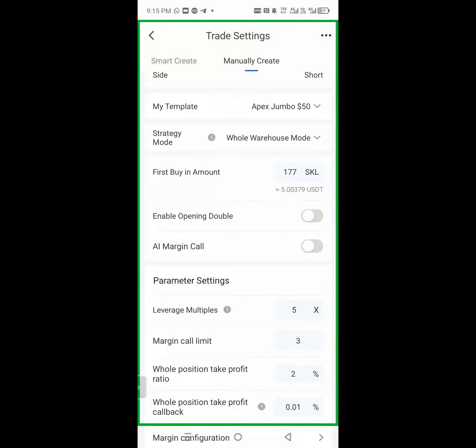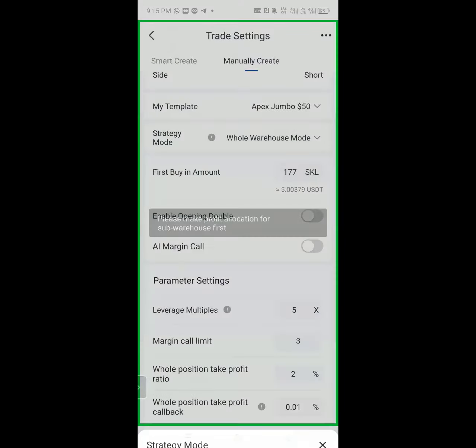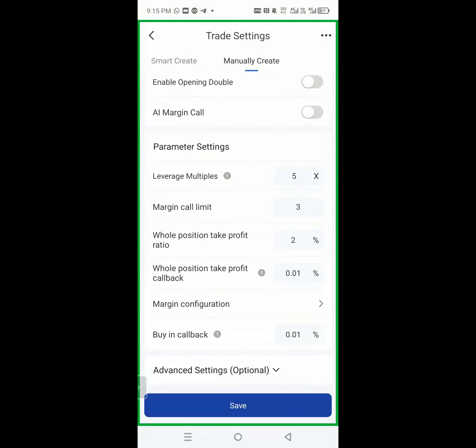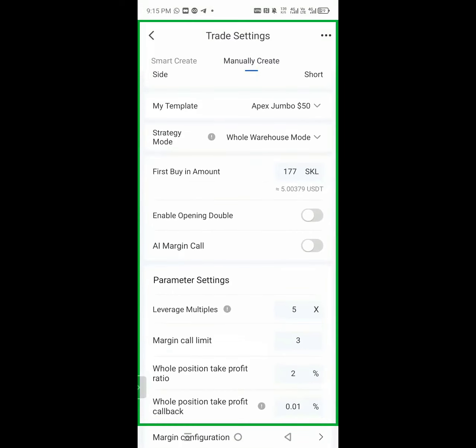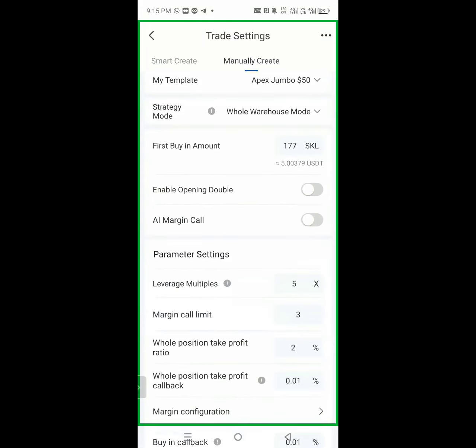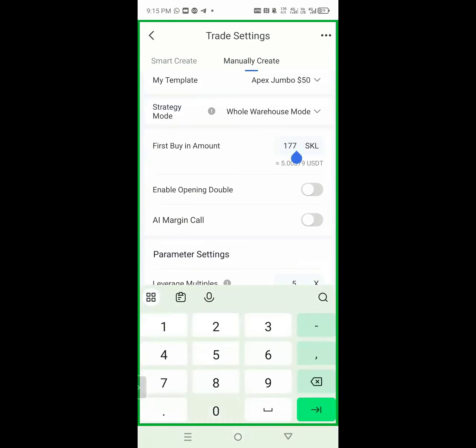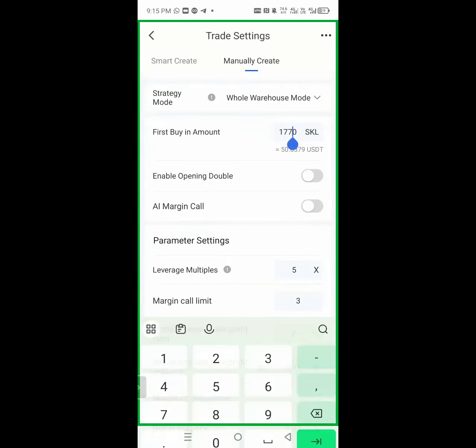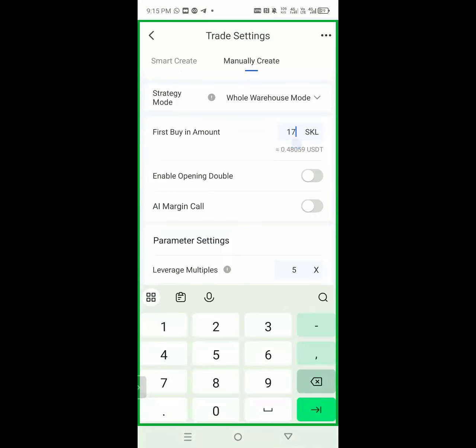I've wasted time. Margin call limit 3. So I'm using 30. 30 times 5 is 150. I'm going to explain this step now.